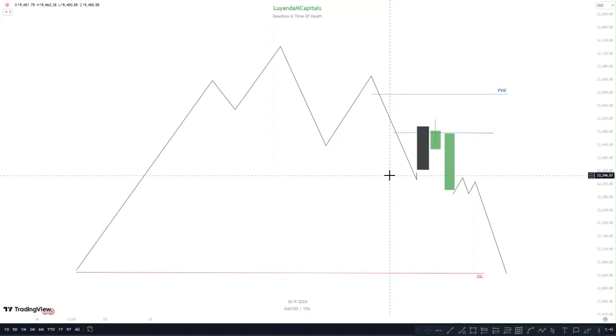Even now in the ICT 2022 model, that guy speaks about turtle soup, but from a different perspective. This one I'm trying to introduce to you is looking for or waiting for turtle soup by just identifying it with the two candles, right?